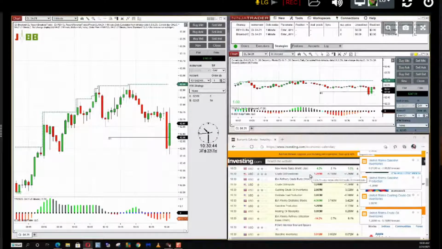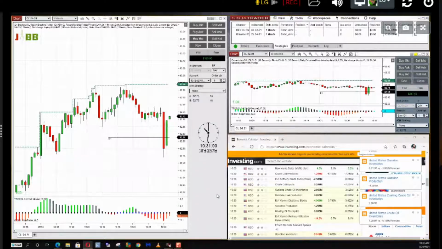It's only 1 million. But they were expecting a drawdown of 5 million. So that's a 6 million build. It's not a 1 million build. It's a 6 million build. If you understand how to read the results.